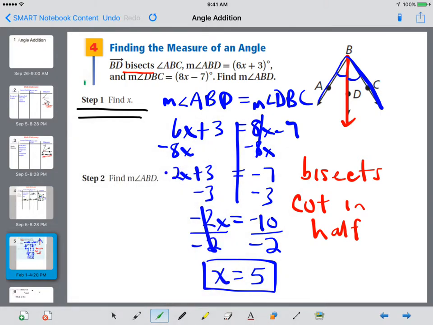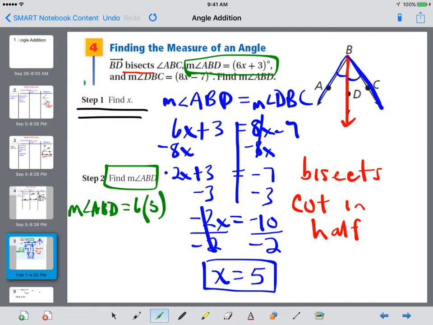So if x equals 5 and we wanted to find the measure of angle ABD, ABD is right here, it's the 6x plus 3. So the measure of angle ABD equals 6 times x. If we know that x is 5, I'm going to replace it, plus 3.